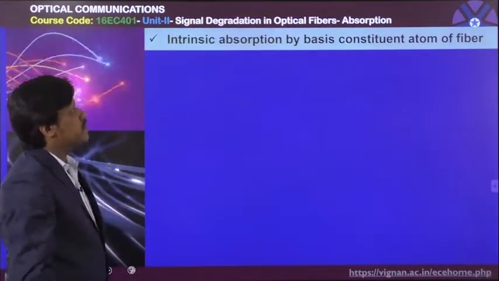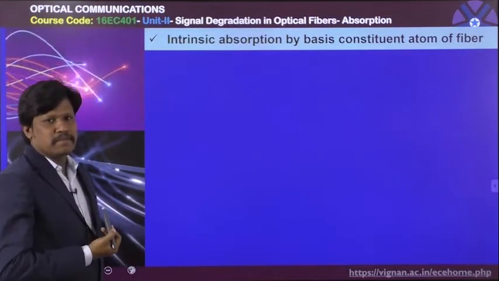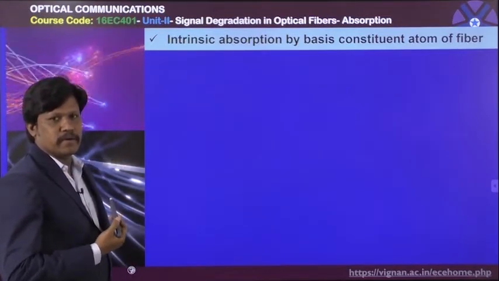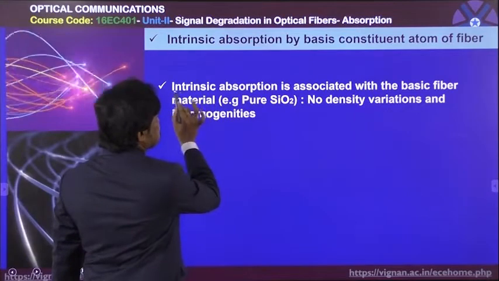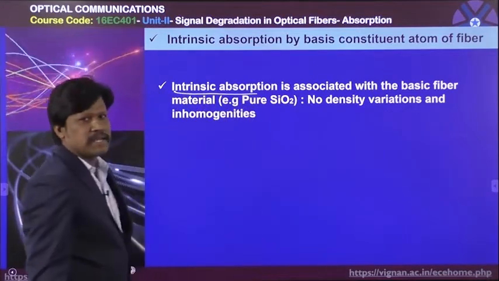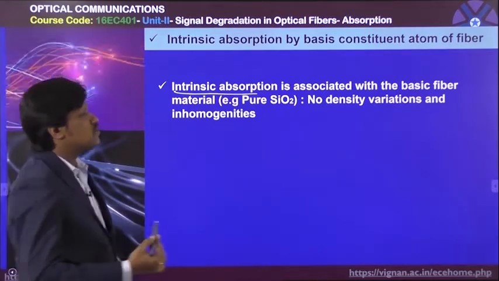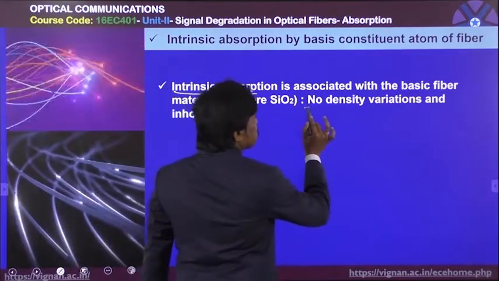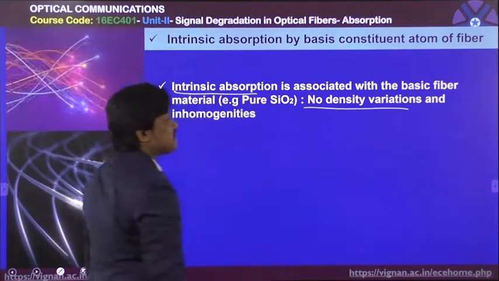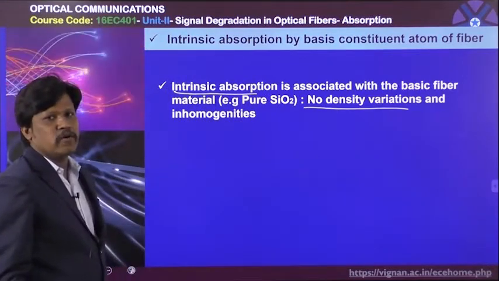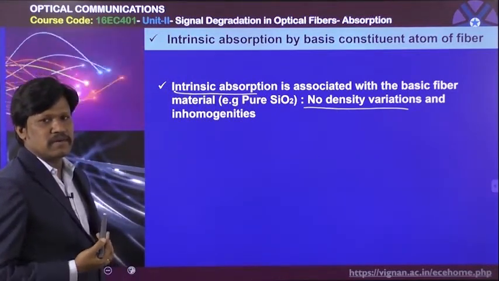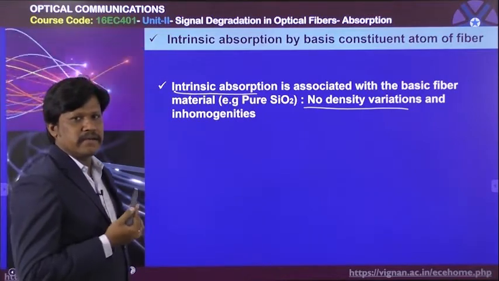Next is intrinsic absorption by the basic constituent atoms of the fiber. This intrinsic absorption is associated with the basic fiber material, that is the pure glass, so you need to consider there are no density variations and inhomogeneities.